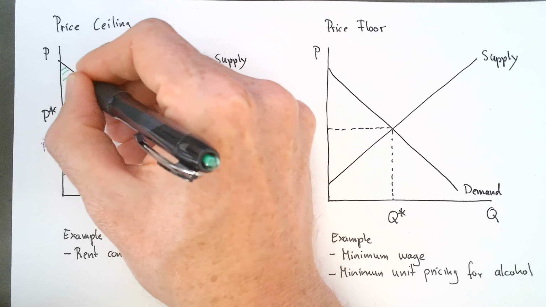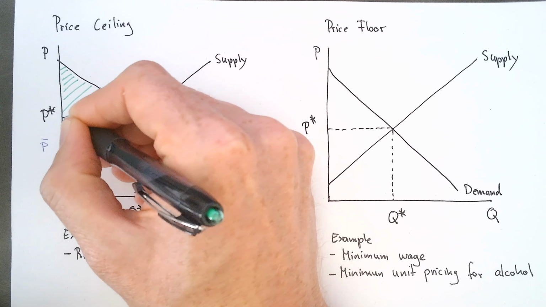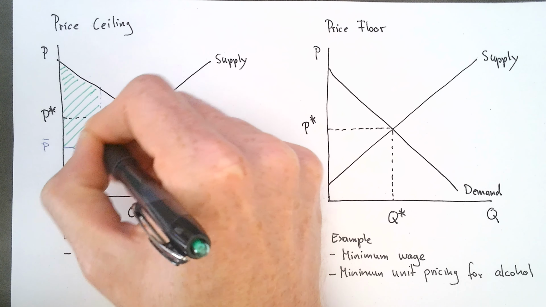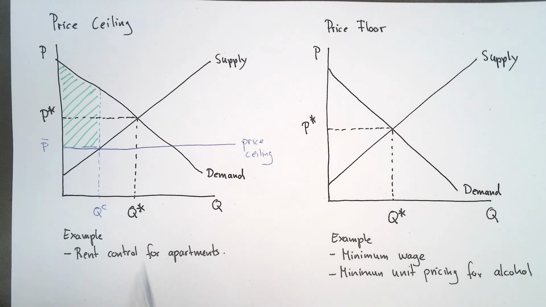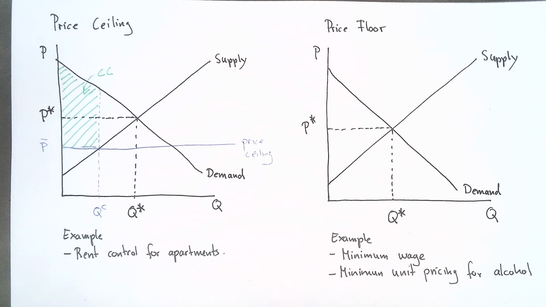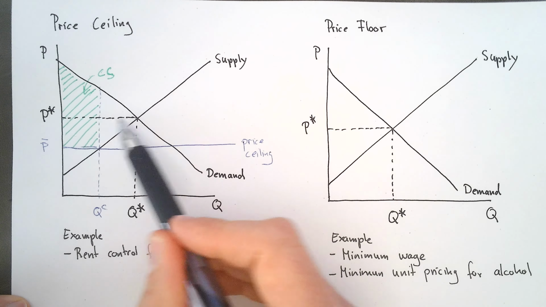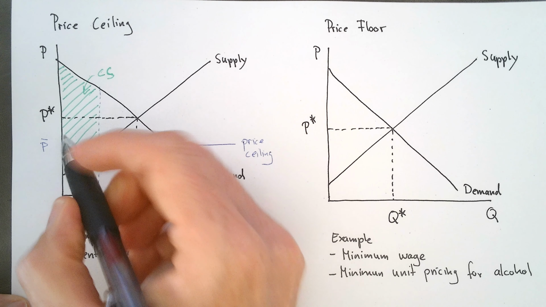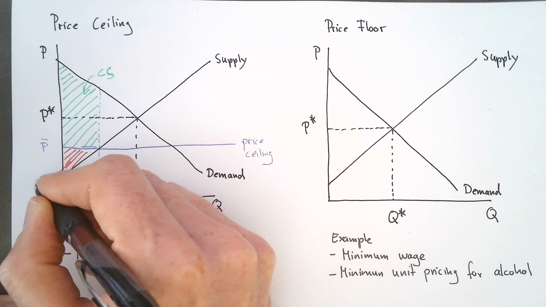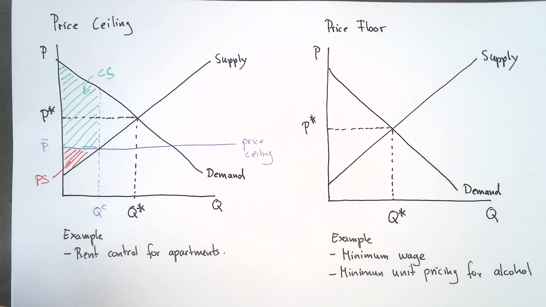So here we are going to have this entire area, which is now the consumer surplus, given the price ceiling. Now, the producer surplus is significantly reduced from this triangle to just this little triangle here. Okay? So here we have the producer surplus.